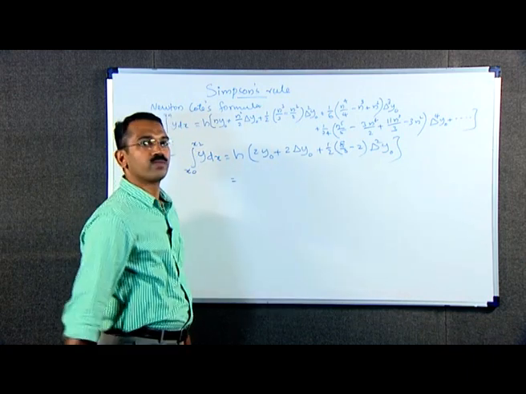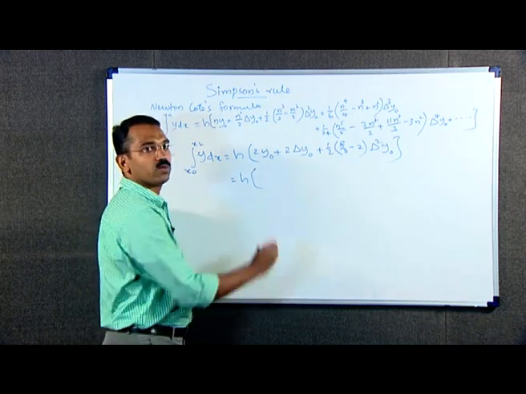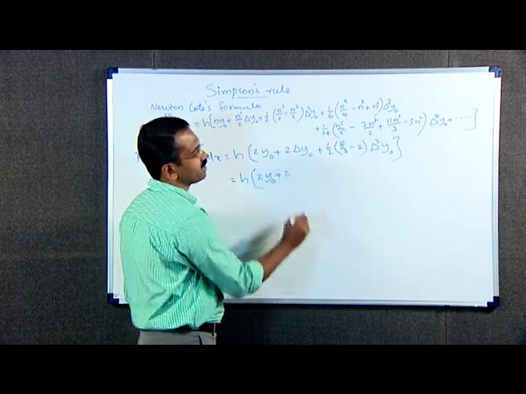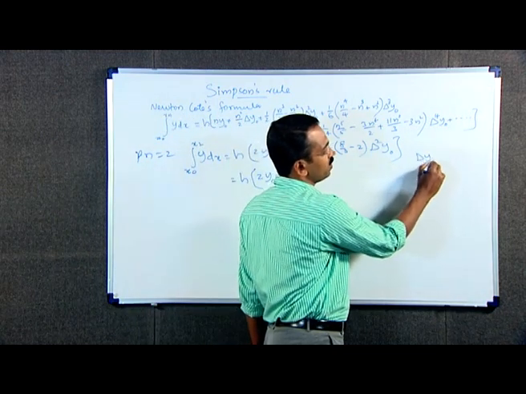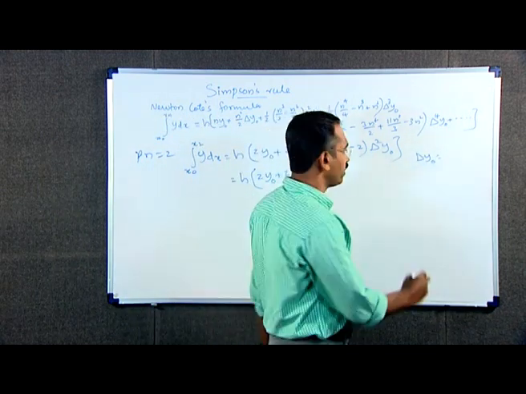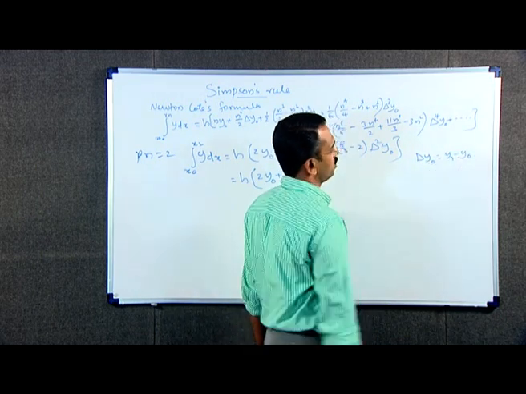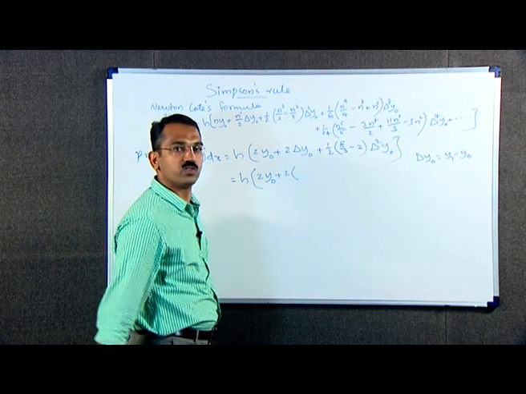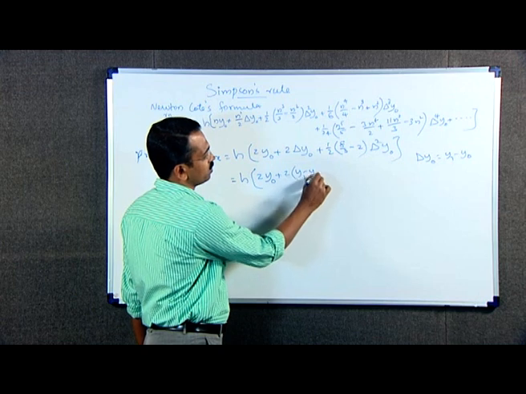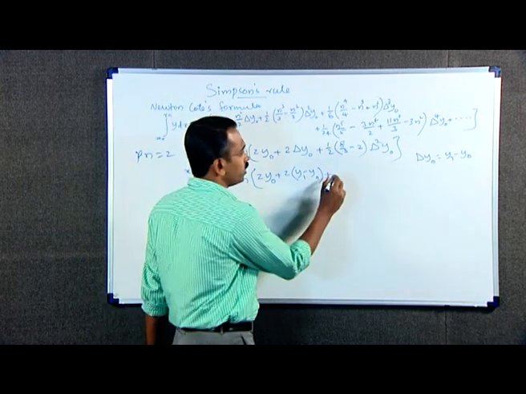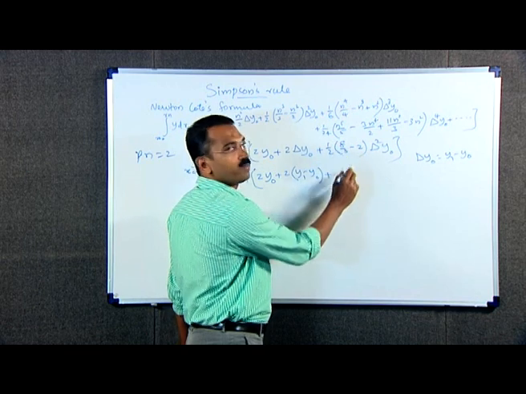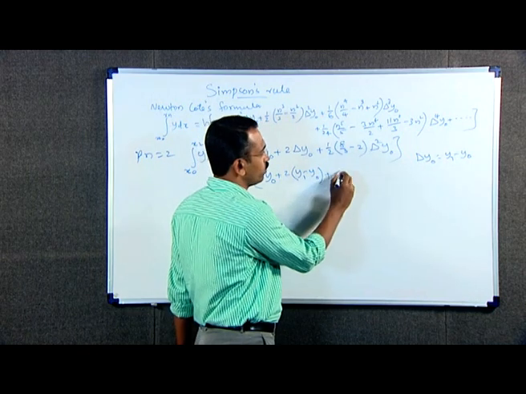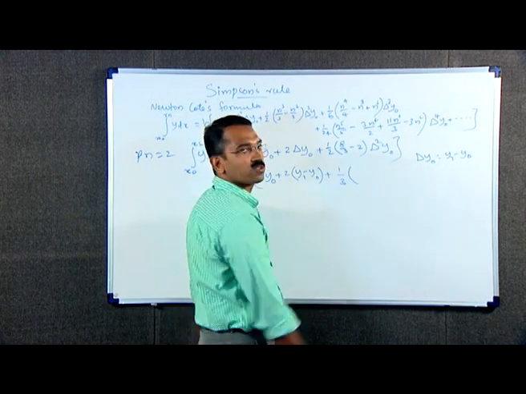This is equal to h into [2 y0 plus 2 times delta y0. Delta means the forward difference operator, therefore delta y0 is y1 minus y0. Therefore this term 2 into delta y0 becomes 2 into (y1 minus y0), plus 1 by 2 into (8 by 3 minus 2), that is 1 by 3 into delta square y0.